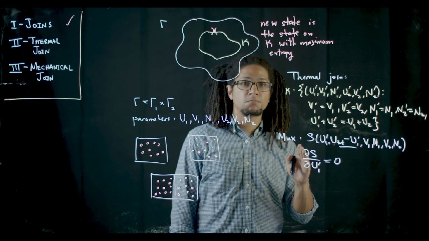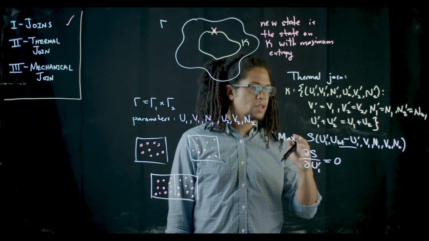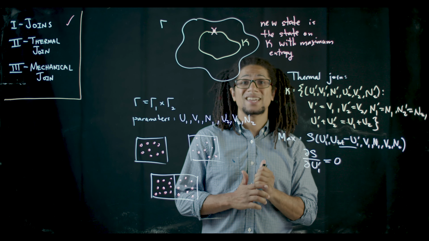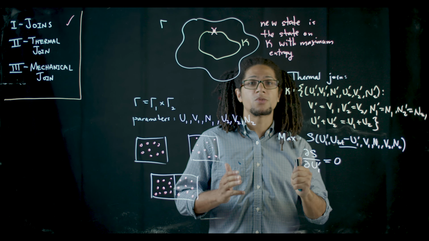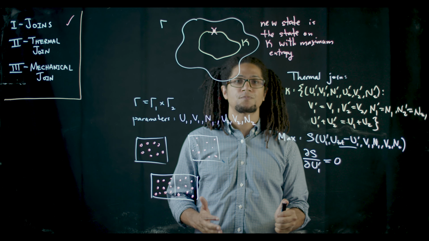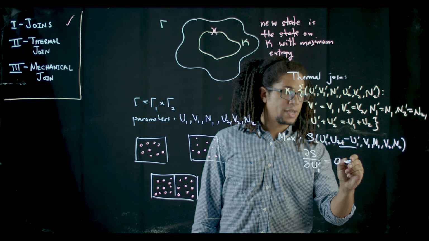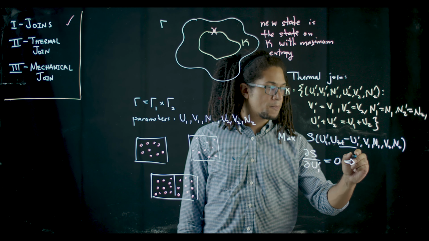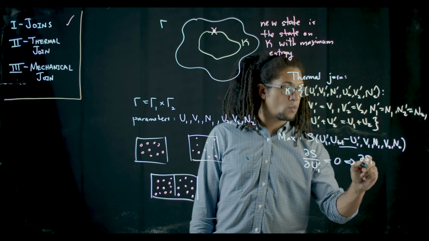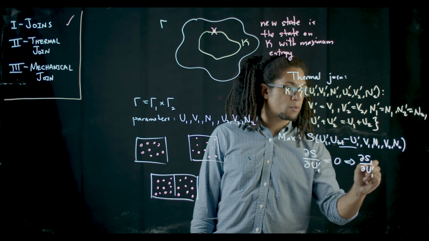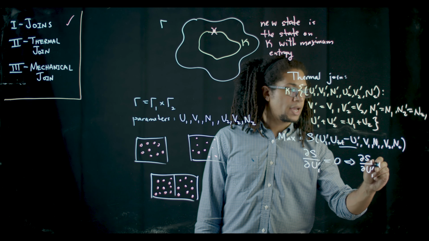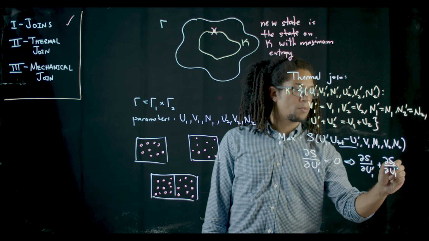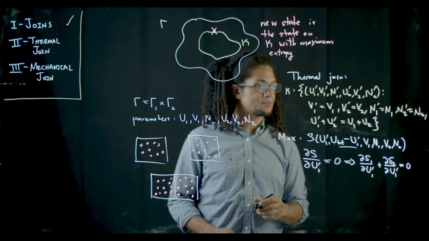In order to make this more meaningful, let's remember that S breaks into a sum of entropies on the different simple systems in the problem. So this implies, because the derivative operator is linear, that partial S1 partial u1 prime plus partial S2 partial u1 prime is equal to 0.